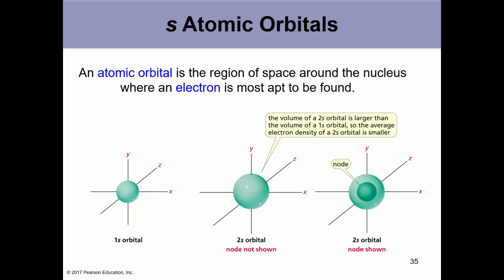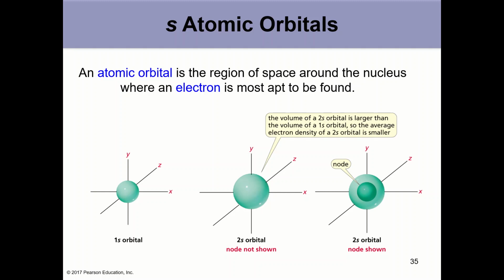The only orbital available in row 1 of the periodic table is the 1s orbital. But every row of the periodic table adds an s orbital. So there's 1s for row 1, 2s for row 2, 3s for row 3, and so on. And as you move down the rows, the size of the orbital increases.